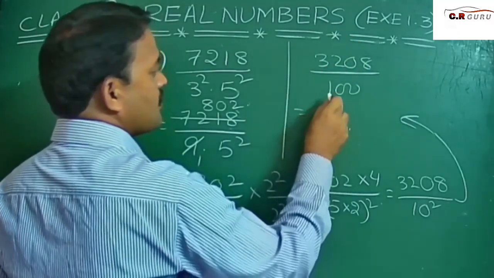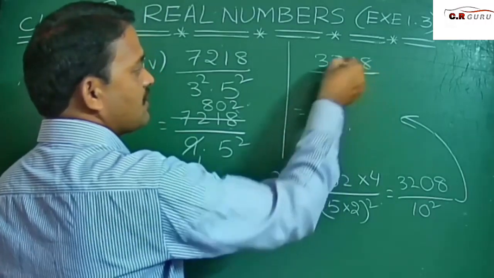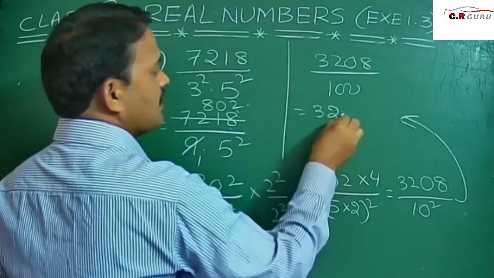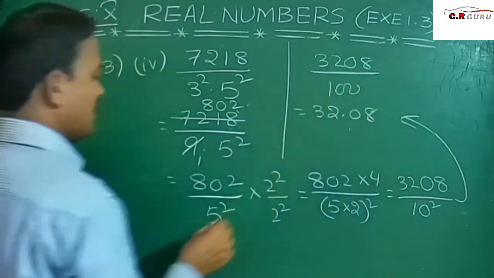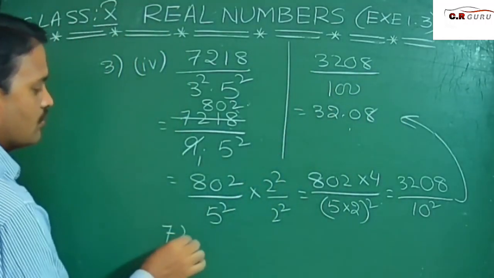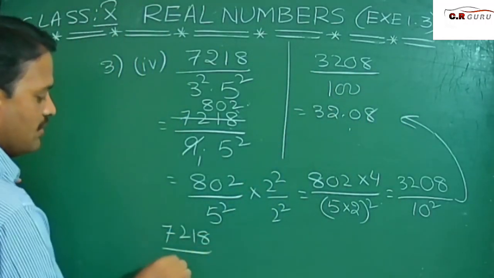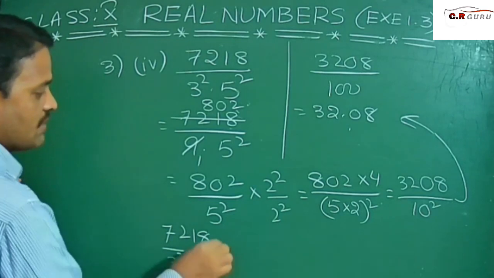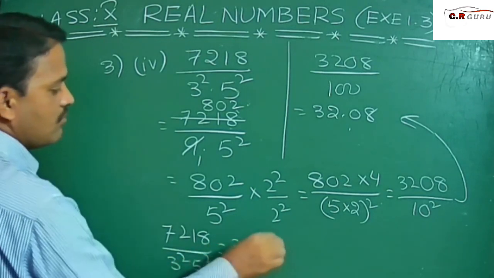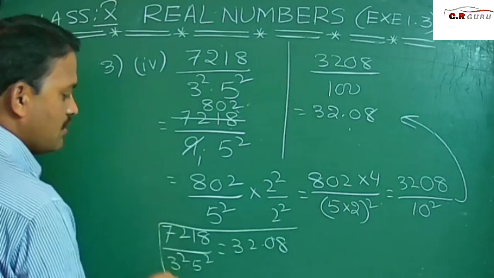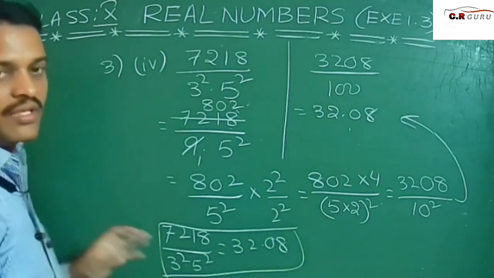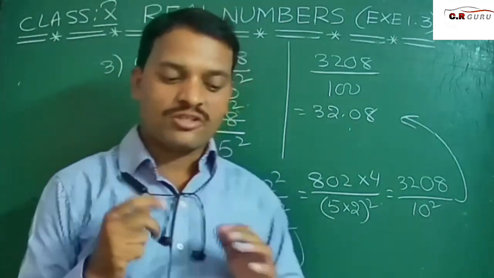Two zeros means two digits after the decimal point, so 32.08. So 7218 by 3 square into 5 square is 32.08. This is the decimal form. This is about the third model sums.